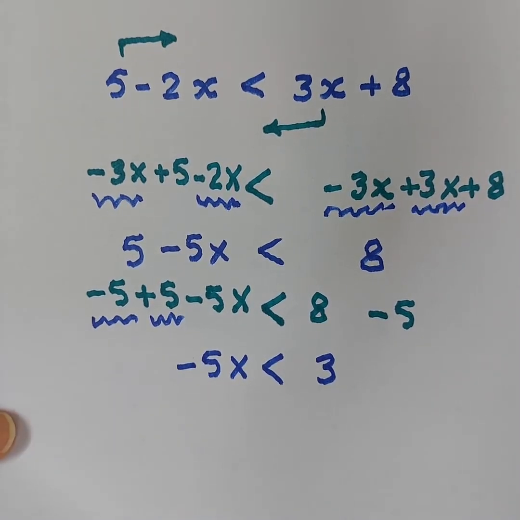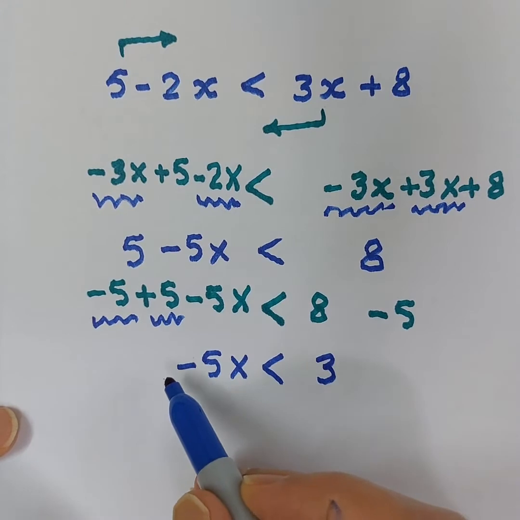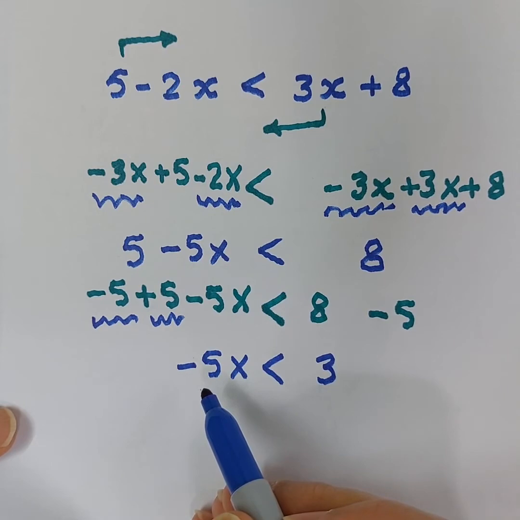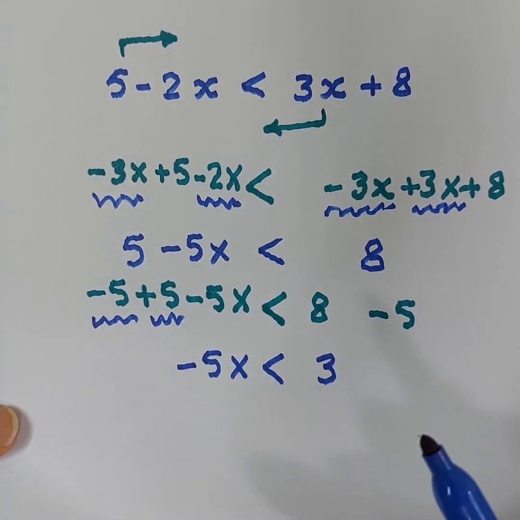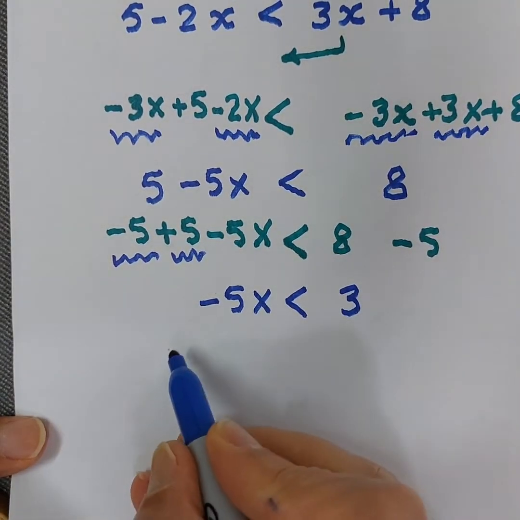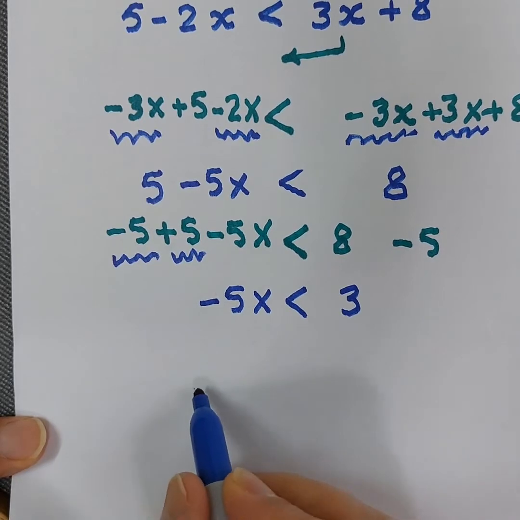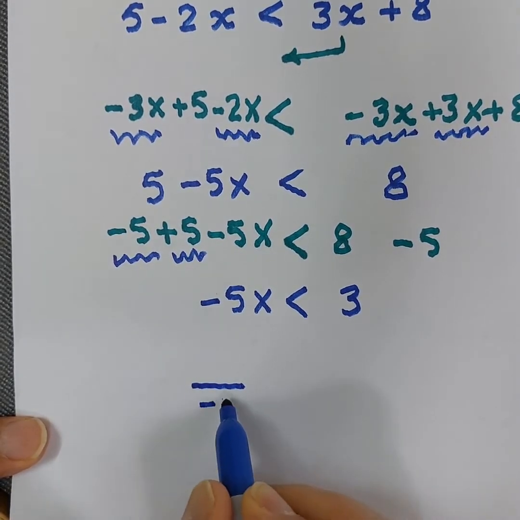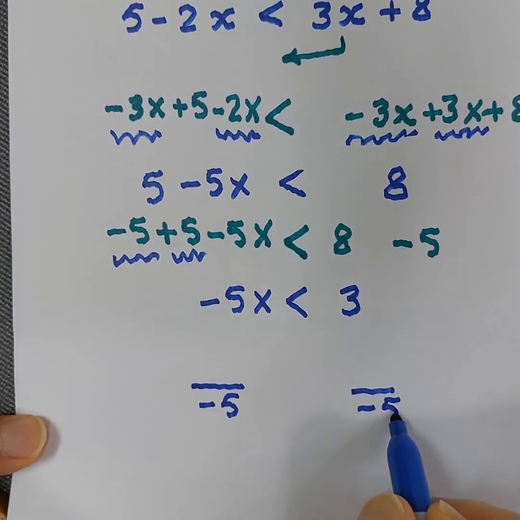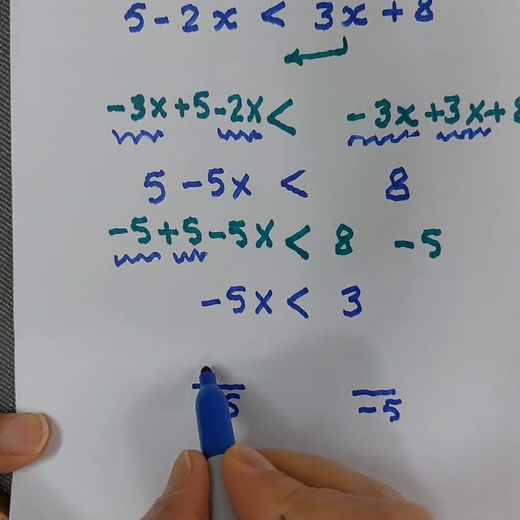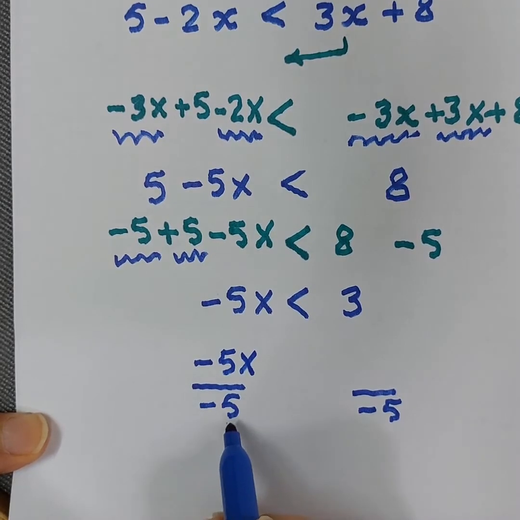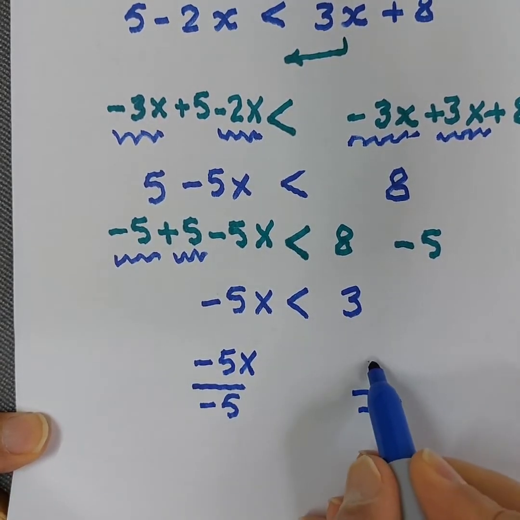After that, multiplying or division. If we multiply by the reciprocal of minus 5 or divide by minus 5, it's the same meaning. So when we make division by minus 5, we do it on both sides: minus 5x divided by minus 5, and 3 divided by minus 5.